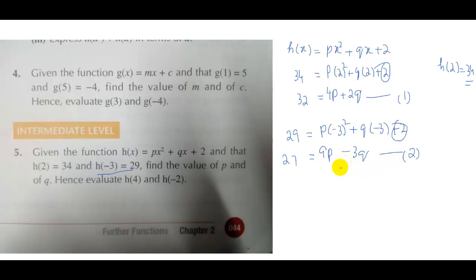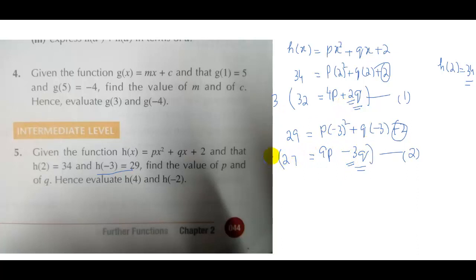For simultaneous equations, we have to eliminate one, either p or q. So here let me eliminate this q, because this q has positive sign and this q has negative sign. Now we have to make the coefficient same. So what I will do, I will multiply this by 3, and I will multiply this by 2 because the 2 is over here.